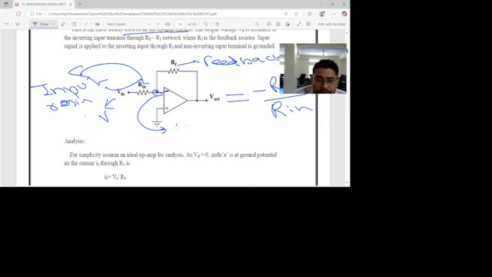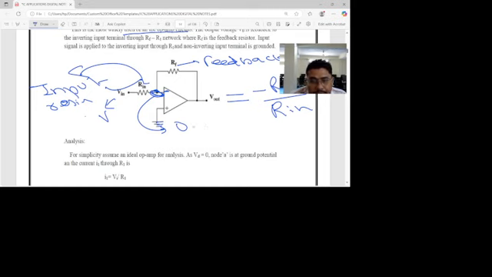Suppose this is 0. Here it must be 0 because of the virtual ground condition. Virtual ground means these terminals must be at the same voltage, so the differential input should be 0. That is called the virtual ground. Because of virtual ground, this terminal must be 0, and we can use KCL here for deriving this formula.